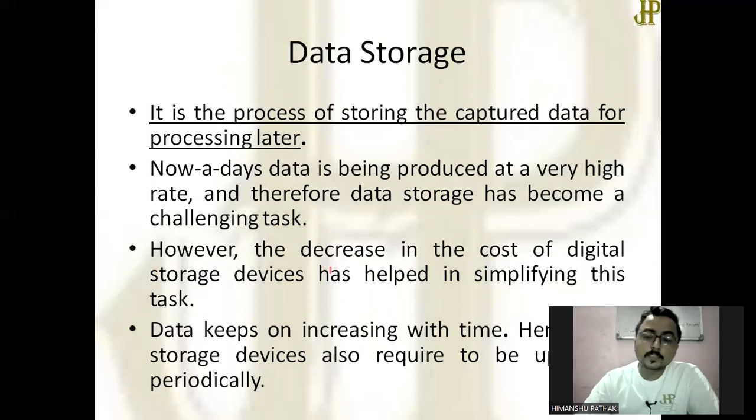Nowadays, you can purchase a huge amount of hard disk at a very low cost. But again, data keeps on increasing with time, hence storage devices also need to be updated periodically. You have to increase your storage devices.